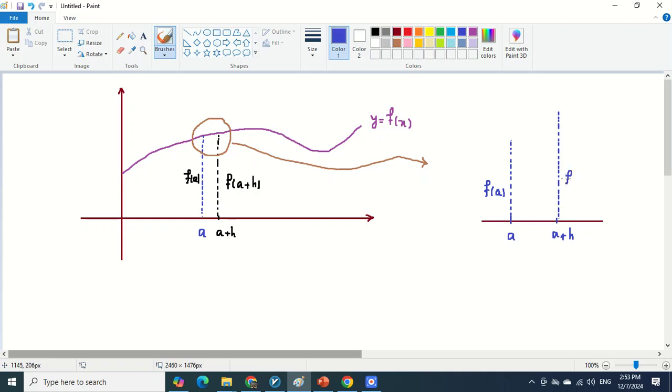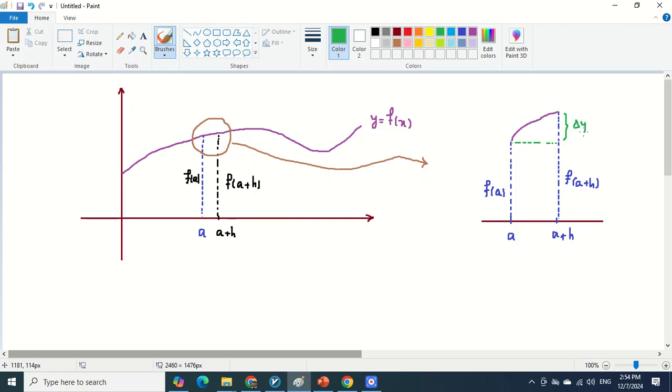So it will be f of A plus H, the height at that point, and the differences between them can be considered over here. This is the diagram of y equal to f of x, and right now I can determine the differences of these heights as well, by this segment that I denoted by delta y.